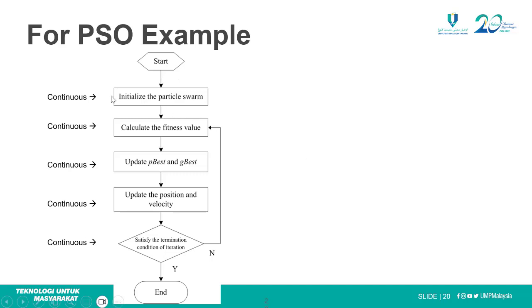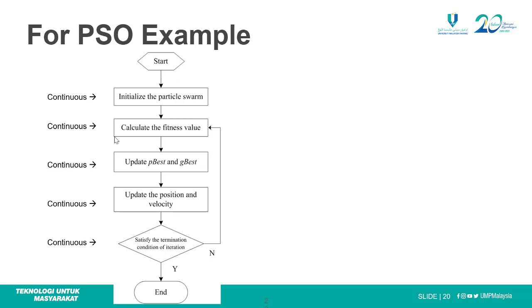It is the same diagram as in the earlier video: initialization, fitness function, fitness value, update P-best, G-best, update position and velocity, and so on. For standard PSO, all of these values are continuous.